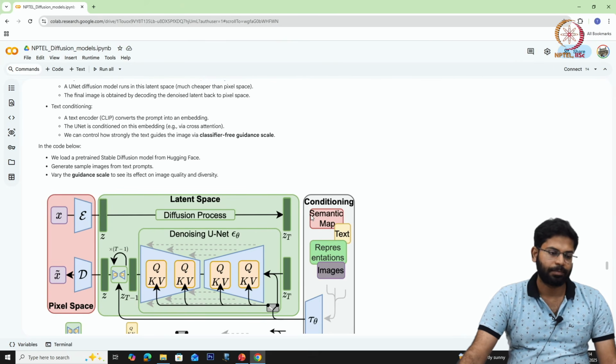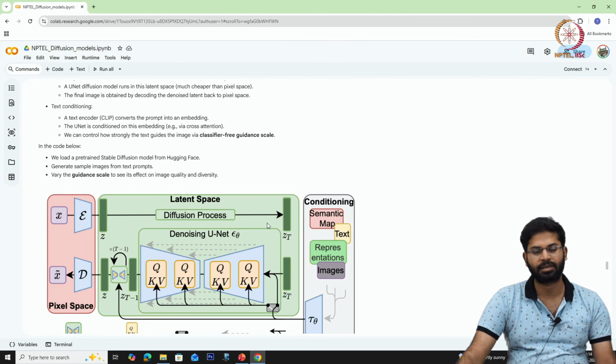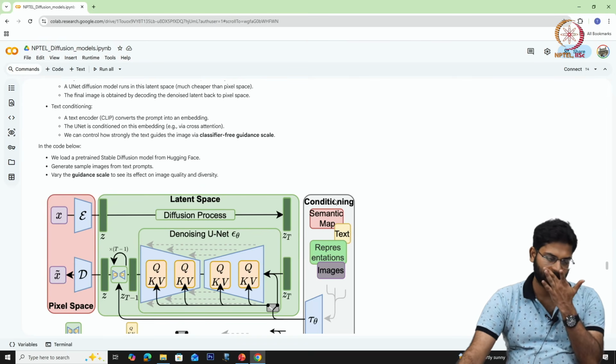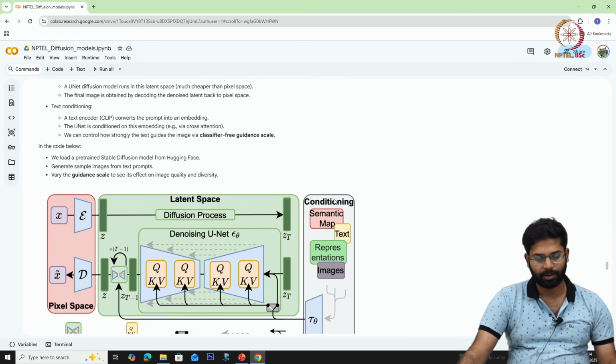And further, you obviously would not want to generate images just unconditionally. Given some text you want to generate images, like generate images of apples sitting on a table. You just don't want to generate random images.